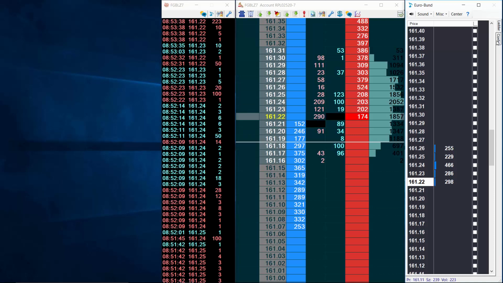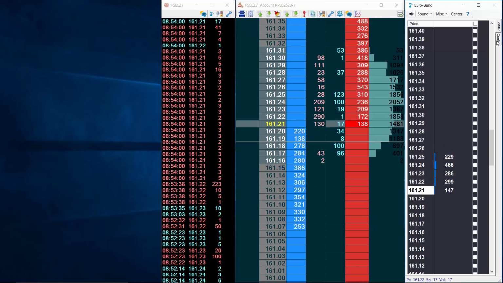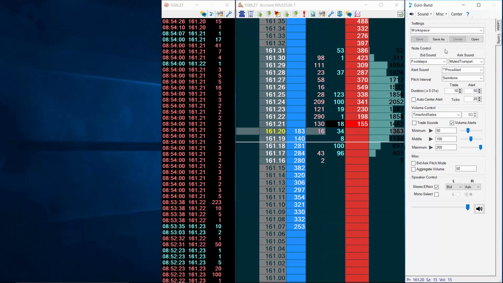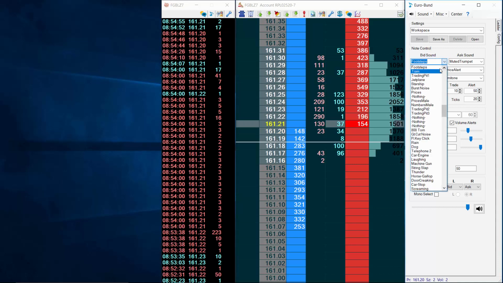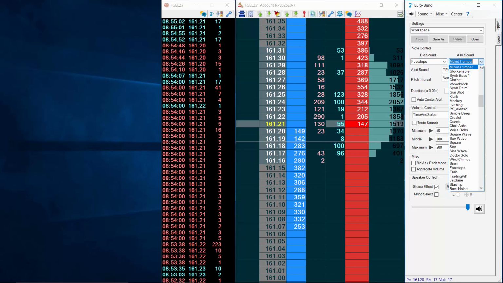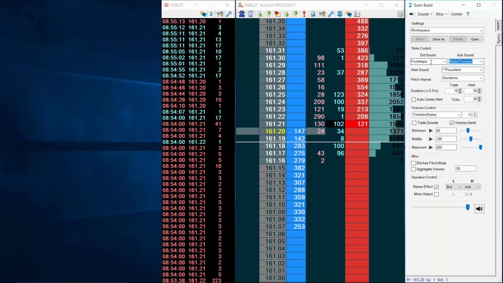What we're going to hear is that we'll always be alerted to large trader activity by the hit and lift alerts, but we're listening out in particular for our buy and sell trade sounds. In this scenario, we're using 2 different sound effects, footsteps and muted trumpet.